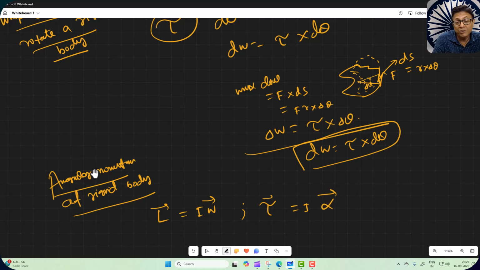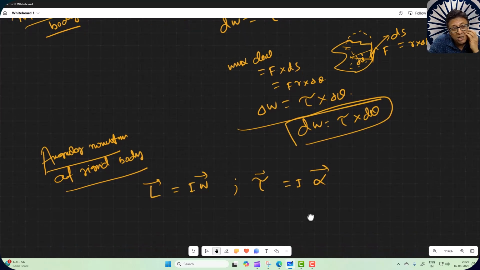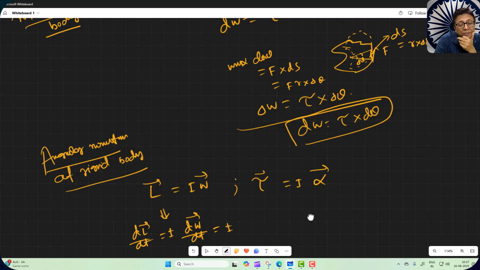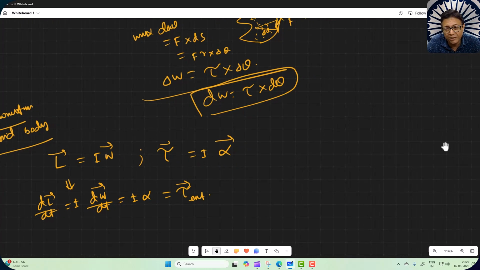Alpha is a vector along omega. Tau is I alpha and L is I omega. And again, if you differentiate, this will be dL by dt equal to I d omega by dt, I alpha, and this will be tau external. But the question is how to get it.